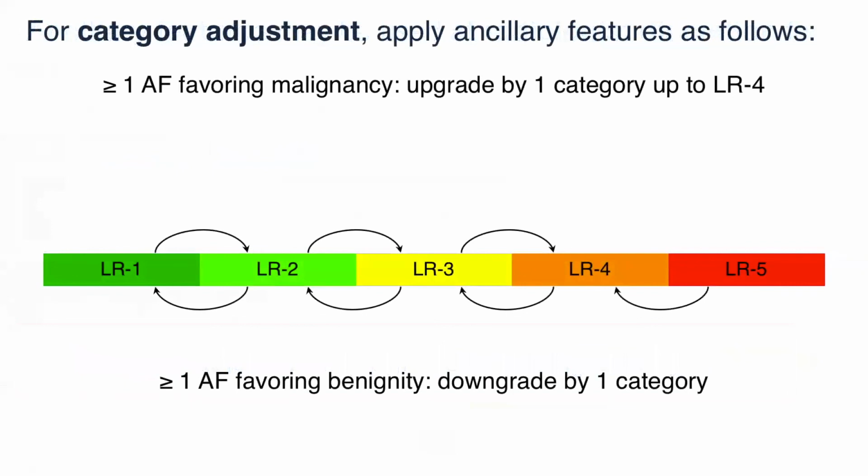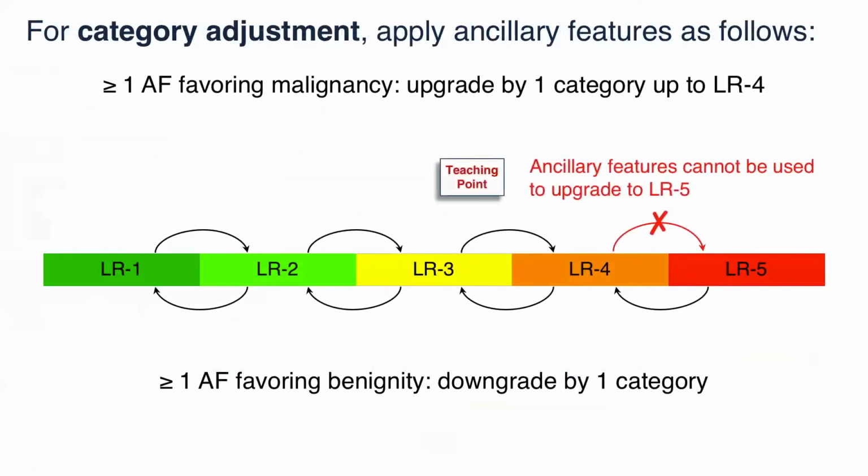So for example, you can go from 1 to 2 or from 2 to 3, but you can't go from 1 to 3. And also notice that you can go from 3 to 4, but you cannot go from 4 to 5.